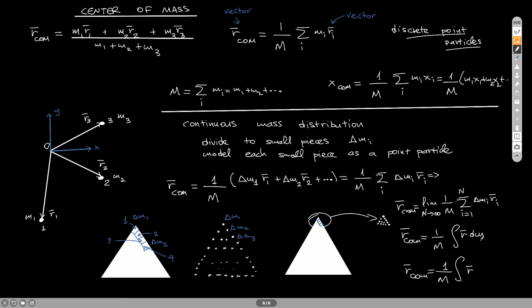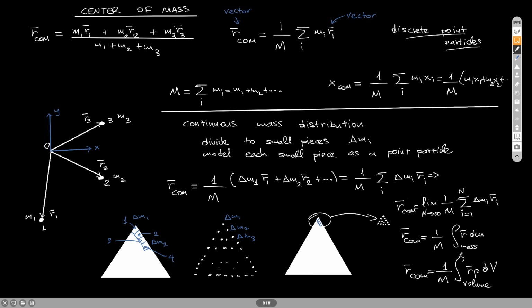I know that the mass density is mass over volume, so I can say here that dm is essentially the density rho times dV, where this is volume, and now I'm integrating over the entire volume, whereas before I was integrating over the entire mass. So this is rho, the density, r is the position vector, and this is the volume.